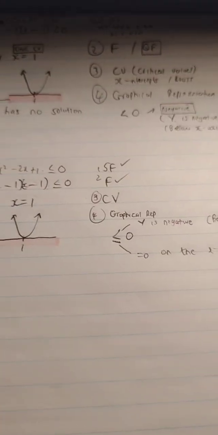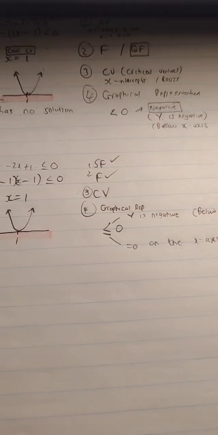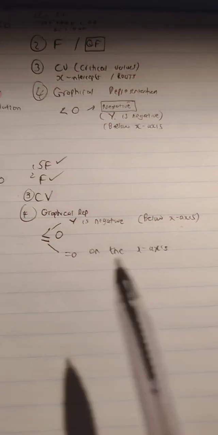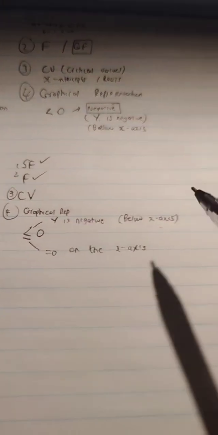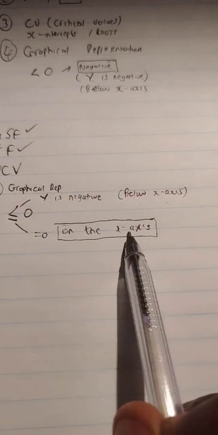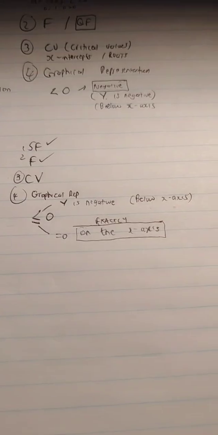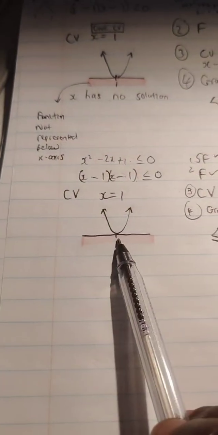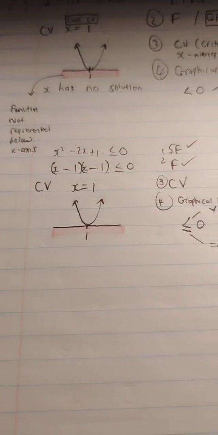But that's not all that we are looking at. There's the equal to 0 part, which means on the x-axis. Is there a place where the function is exactly on the x-axis? What is the value of x where you see the function being exactly on the x-axis?